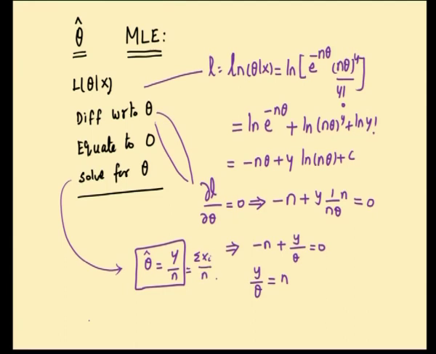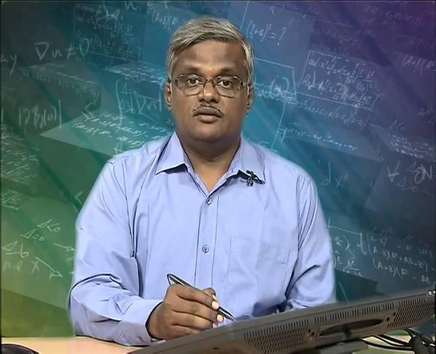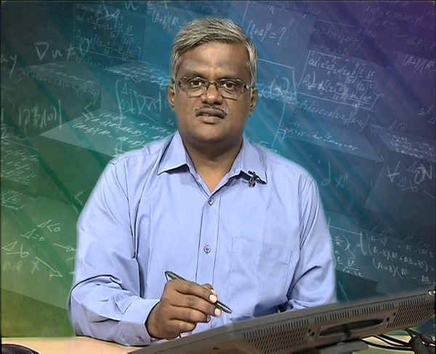What we observe here is that for a Poisson model, if you have collected n samples, the estimator for θ would be the sample mean. This is a simple example through which we can understand that we can estimate the parameter θ from the given sample values.